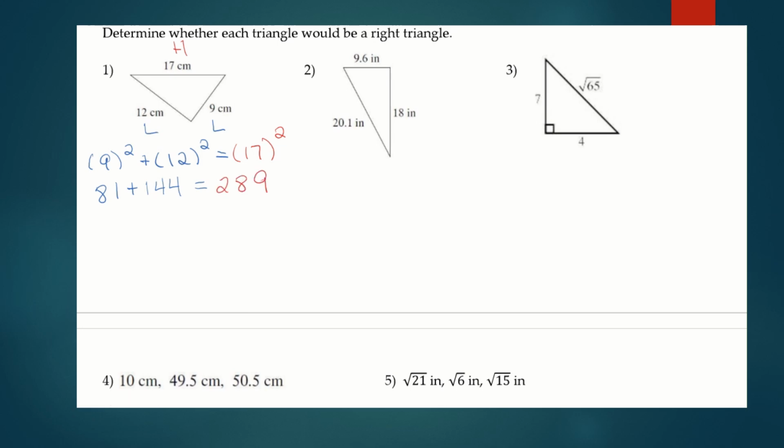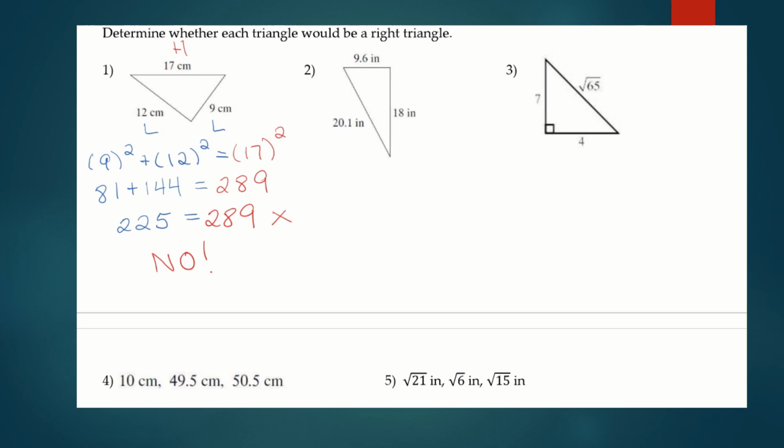Does my blue side match my red side? Well, let's see. 81 and 144, if I add those together, I get 225. Does that equal 289? No, it does not. So is this triangle in number 1 a right triangle? No, because it does not work in the Pythagorean theorem.